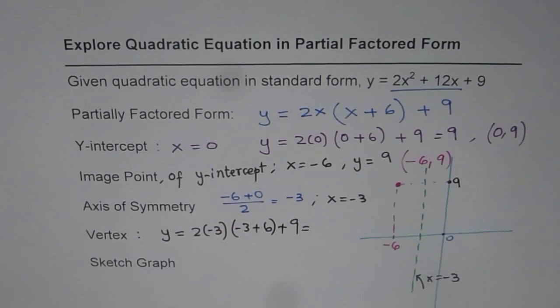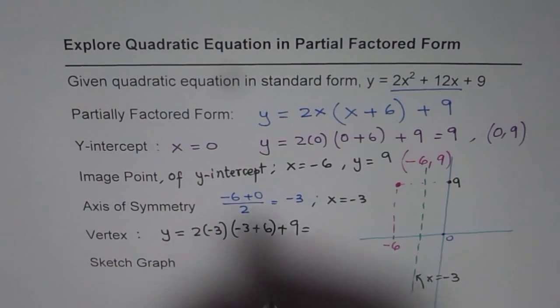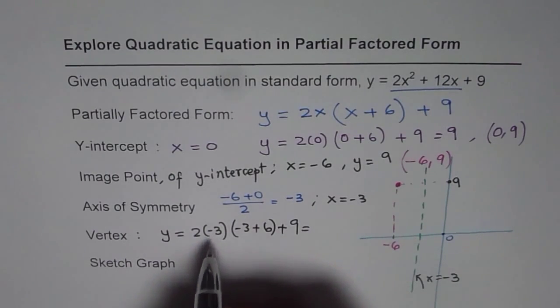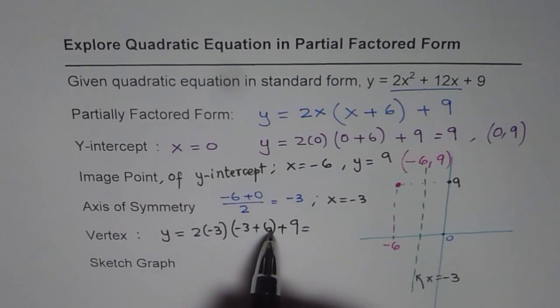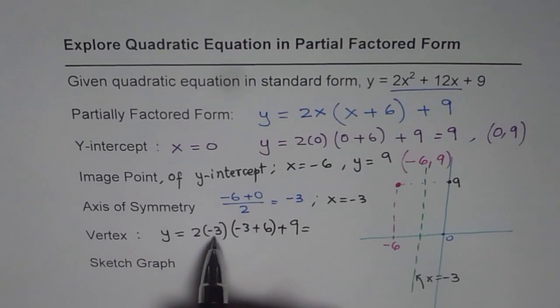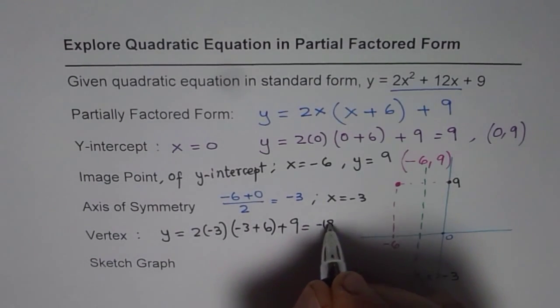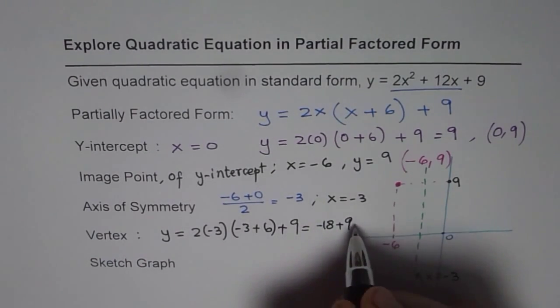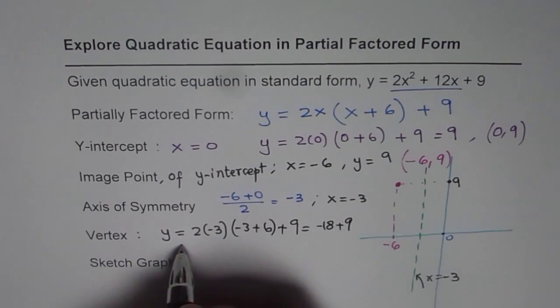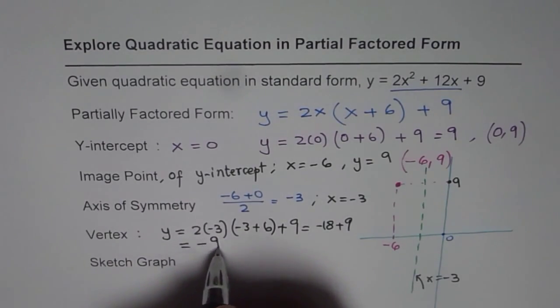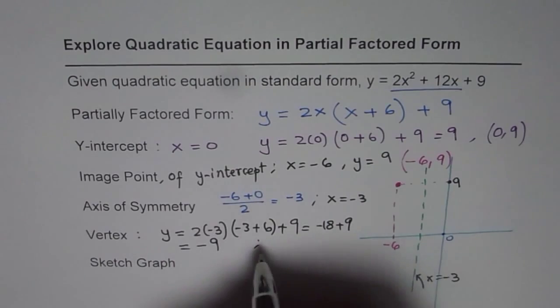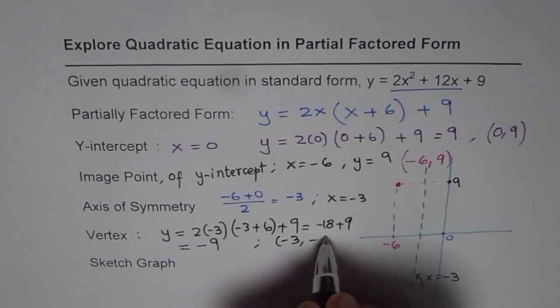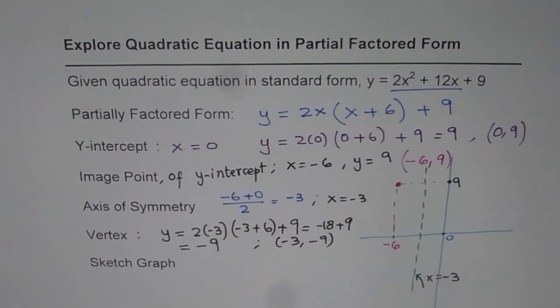So let us calculate this value. 2 times minus 3 is minus 6. Minus 3 plus 6 is 3. Minus 6 times 3 is minus 18, plus 9. And that gives us a value of minus 9. So the vertex for us will be at (minus 3, minus 9). Correct? So that is the vertex.